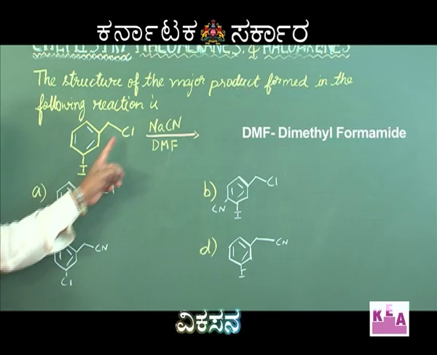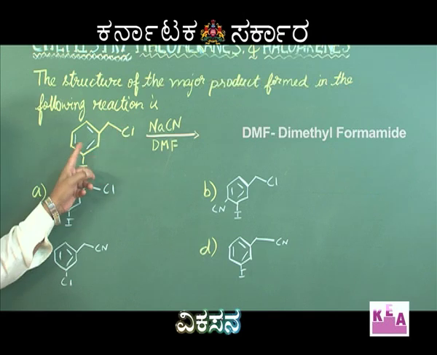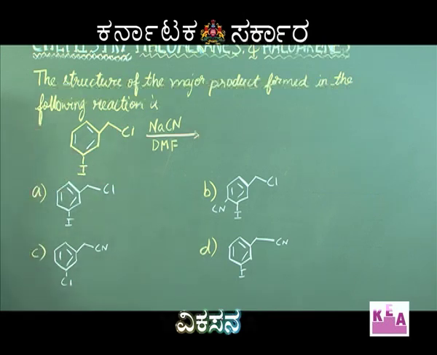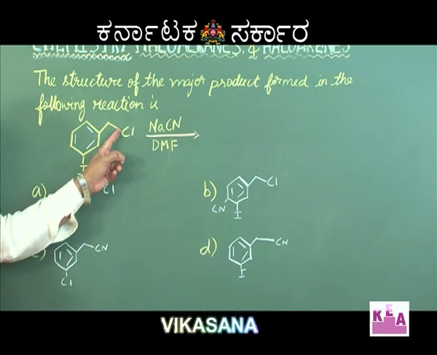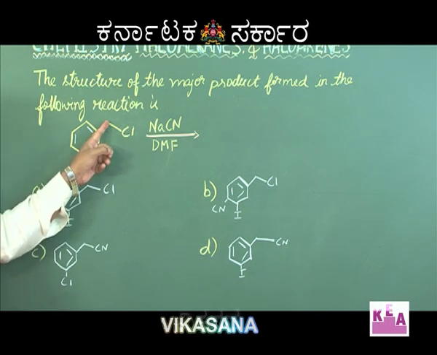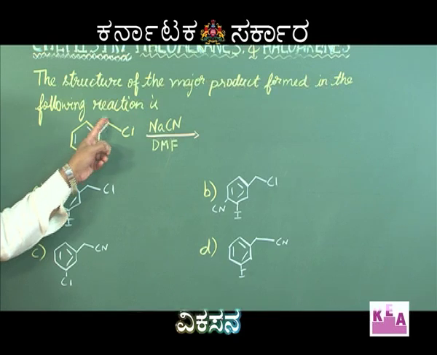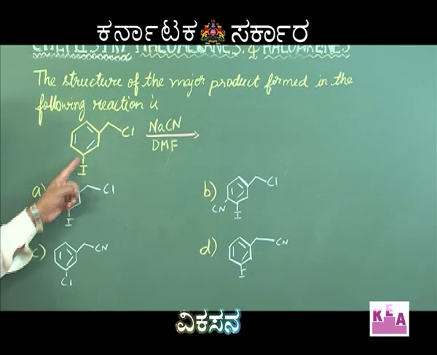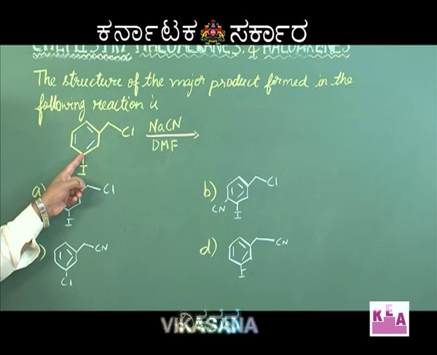There is a lot of difference in these two halogen atoms attached to this aromatic ring. Look at this halogen atom. This is the halogen atom bonded to sp3 hybridized carbon atom. Well, this is the halogen atom bonded to sp2 hybridized carbon.